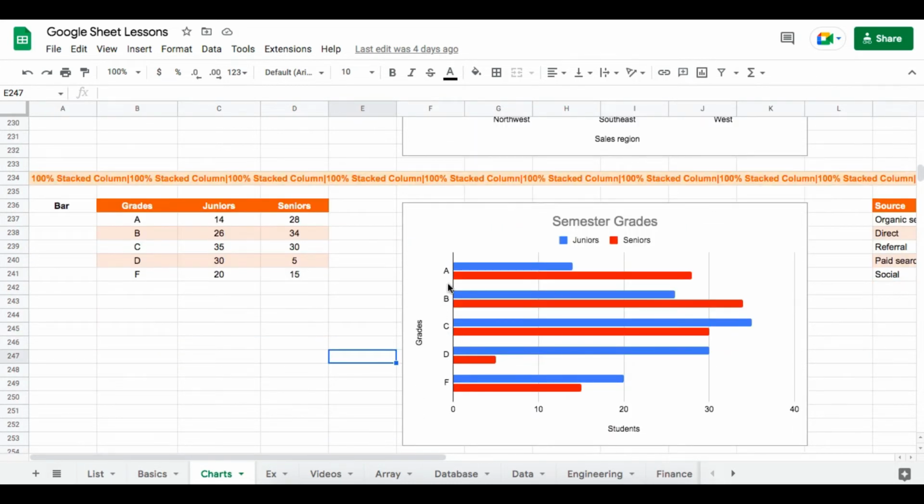But if you have a bar chart, it won't be as congested, as we will look at in the next few examples where the name is a bit long.